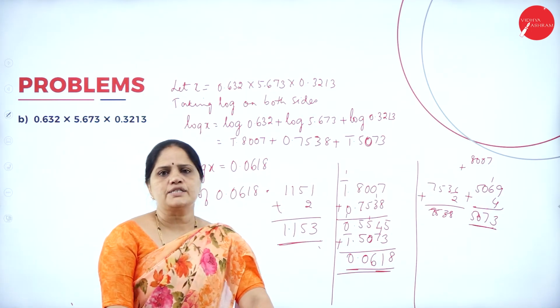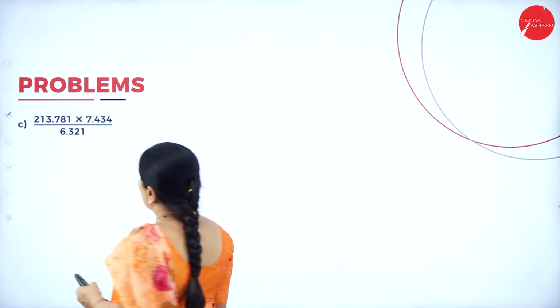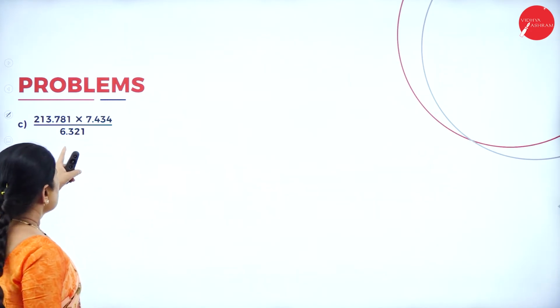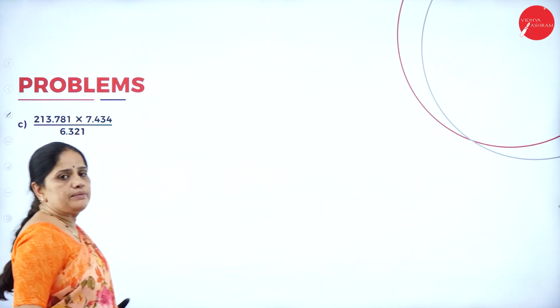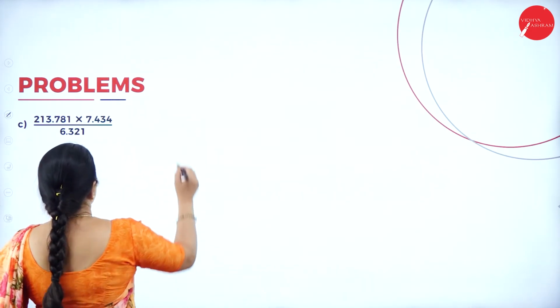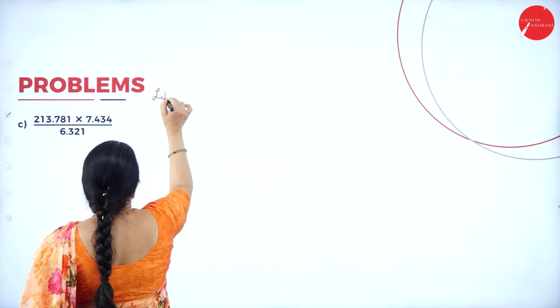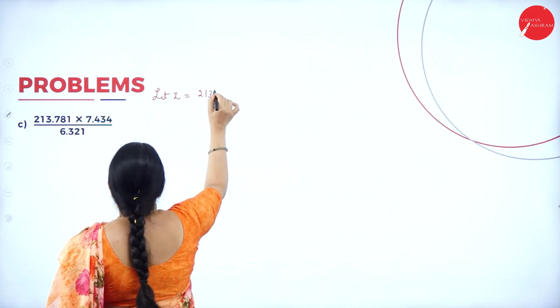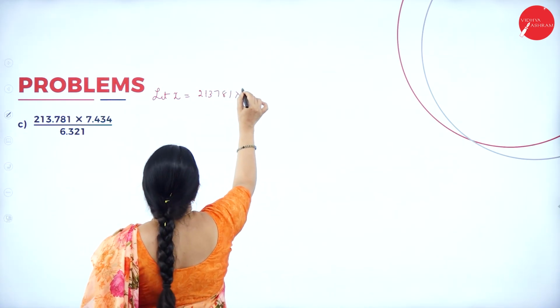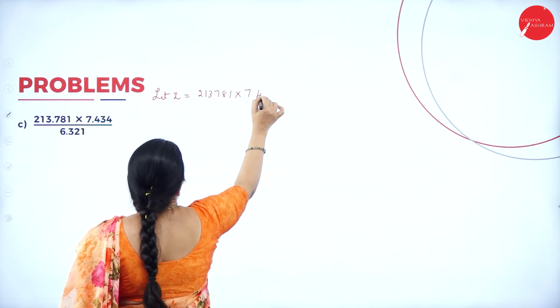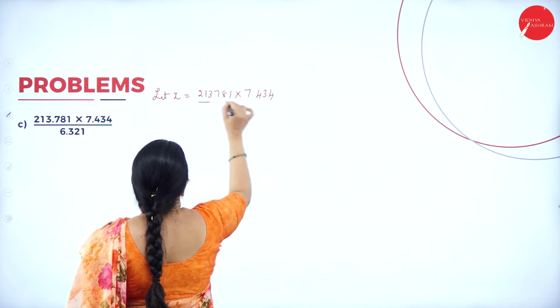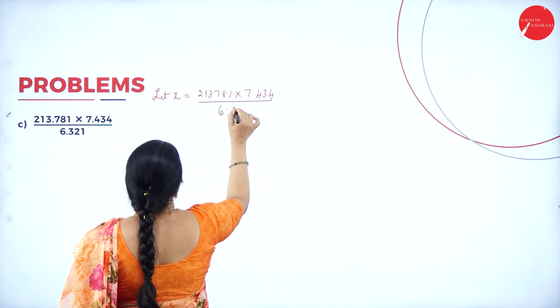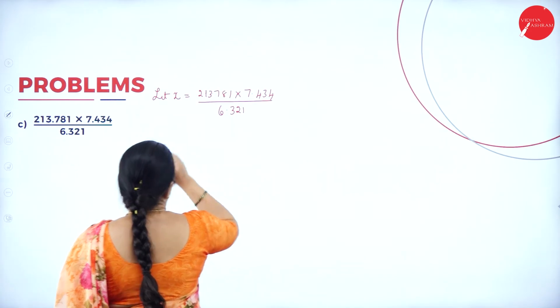Now the next problem, the problem given is 213.781 into 7.434 divided by 6.321. Now let us work out this problem. I will write, let x be equal to 213.781 into 7.434 whole over 6.321.